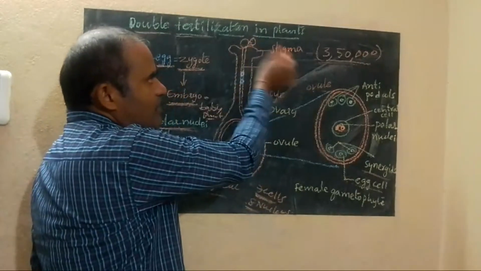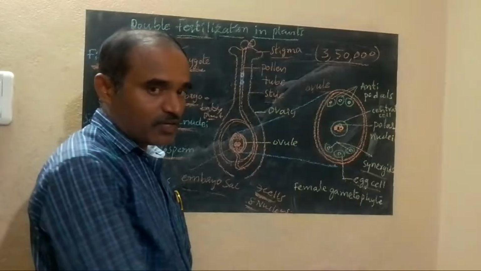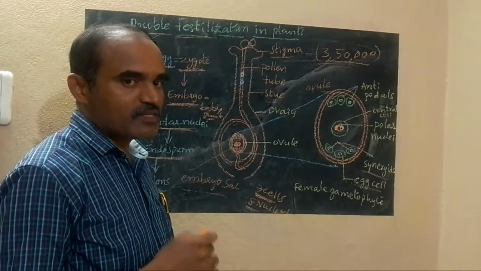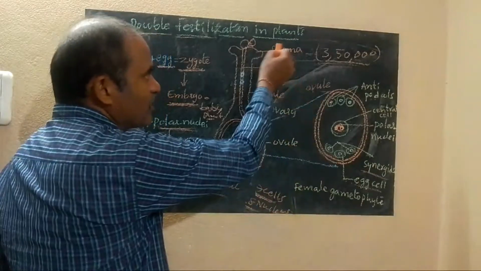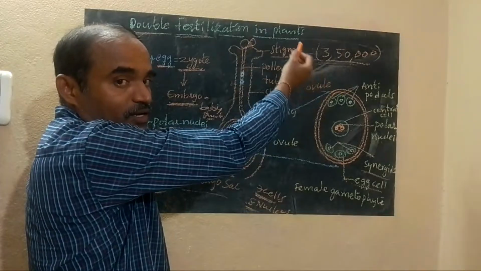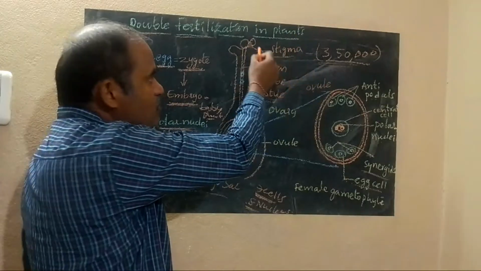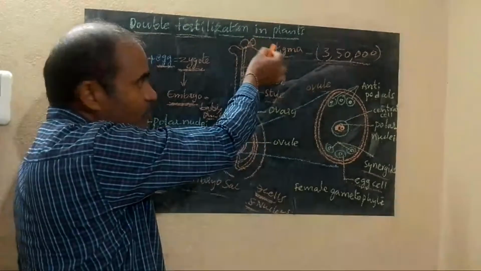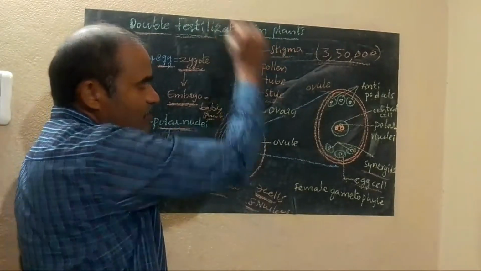Transfer of pollen grains from the anther to the stigma is called pollination. The pollen grains move from the anther of the male reproductive part of the flower to the stigma.